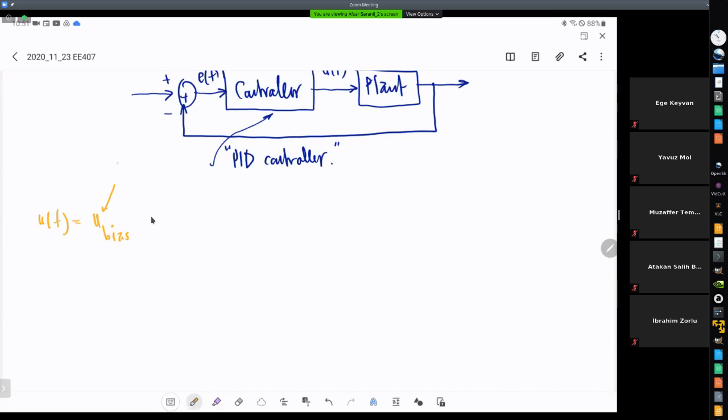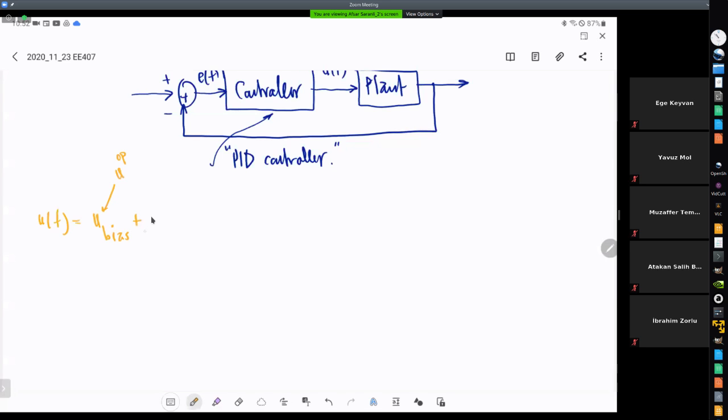This is really our operating point, U_OP. Remember that often we need to linearize the system or take care of the initial condition. And in order to do that, often the control input, the u of t, the output of the controller, varies around a constant value, okay?